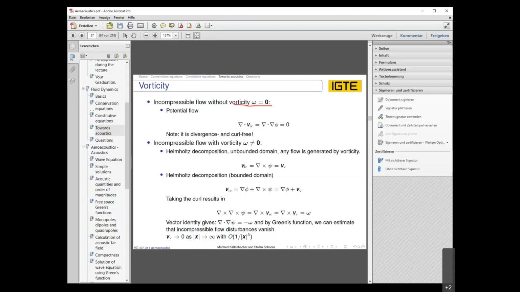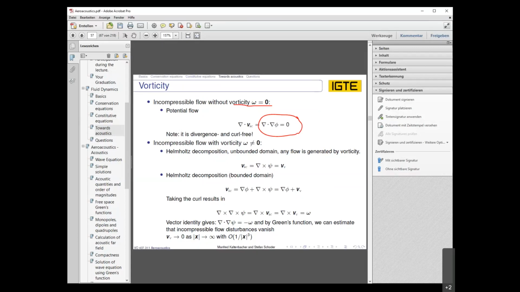This means you're just solving this equation for the potential flow, and that's it. It's a simple Laplace problem, and you're finished. Potential flow is somehow easy. It's also linear, and there's nothing happening.